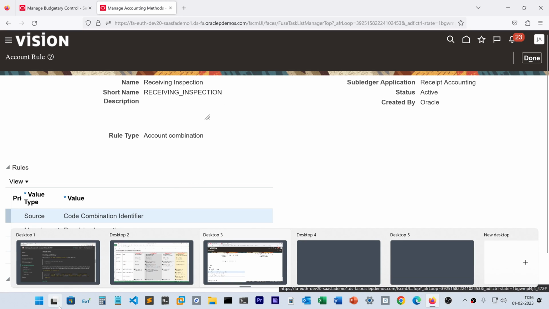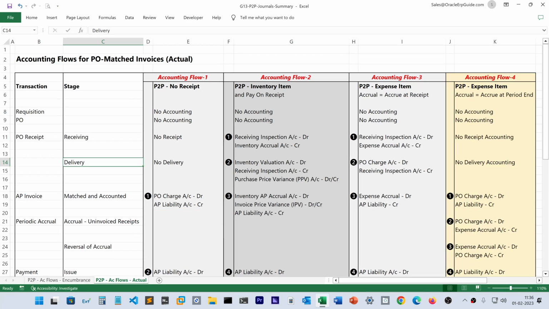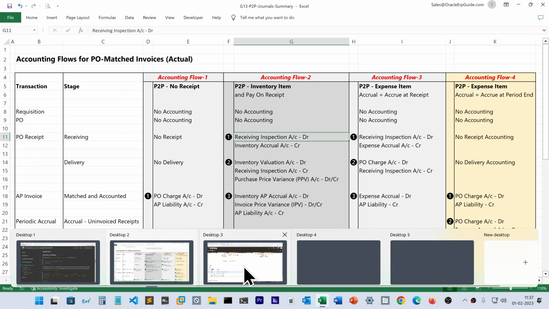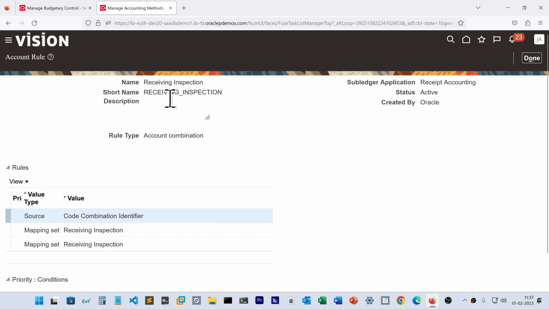Let us go back to our spreadsheet. In this spreadsheet, we are talking about this receiving, and the first line we are talking about, the receiving inspection account debit. That is what is done by this particular account rule. Receiving inspection. This is a line rule, so it determines just a line.